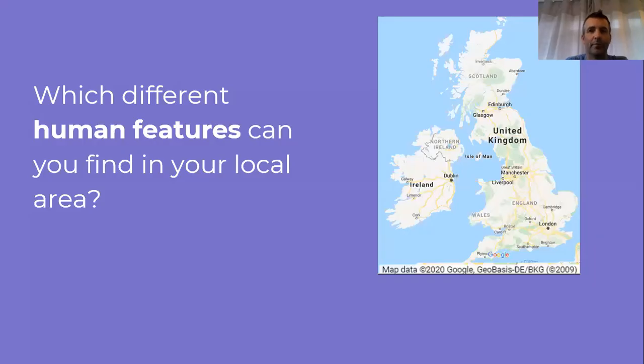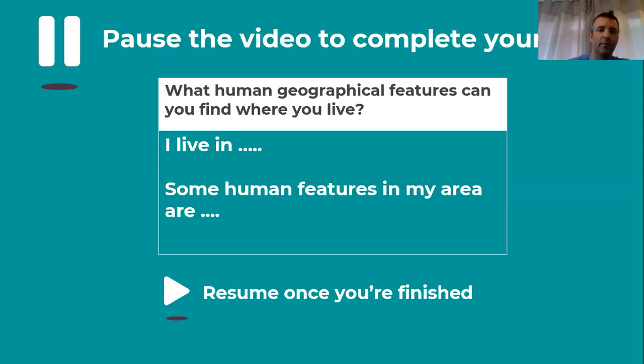So now you're going to come back to where you live, thinking again about the area where you live within the UK and what different human features you can find in your area. So again, you're going to make me some sentences if you can, but now thinking about human features you can find. So things that are made or used by humans.